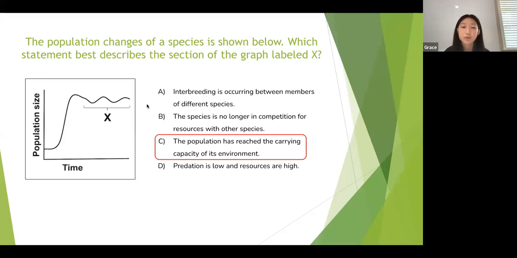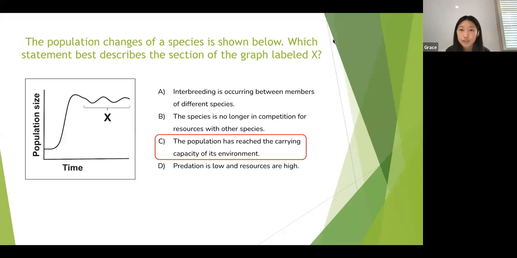If we think back to the population trends that we covered before, this looks exactly like logistic growth, which is when the population grows and reaches its carrying capacity, and it'll stop to prevent itself from exceeding that capacity. There are going to be some natural oscillations after that, and it'll remain very close to the carrying capacity. So good job to the people who said C.